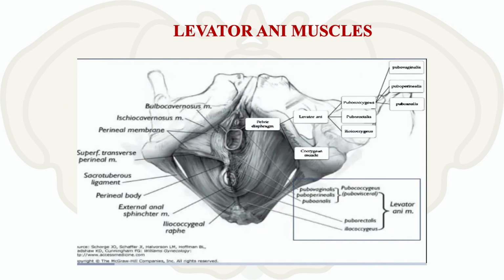So this is again a diagram which is showing you the pelvic floor, the perineum, everything together in order to understand the correlation of the perineum with the pelvis, the supporting structures, the muscles, the ligaments. Now this is a superior view where you can see the urethra, the vagina, the levator ani muscles, the ischial spines, the coccyx.